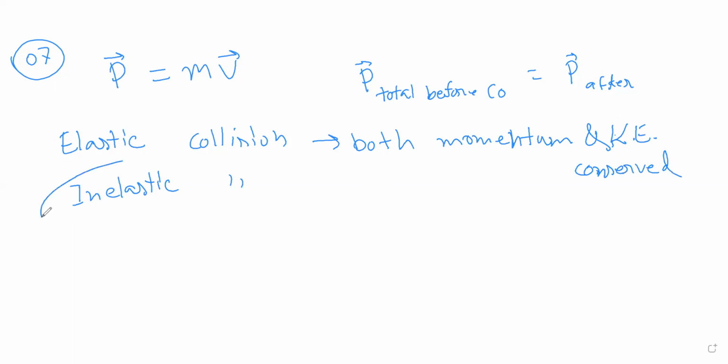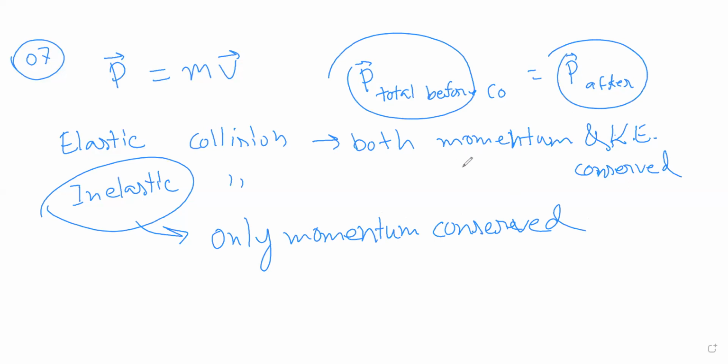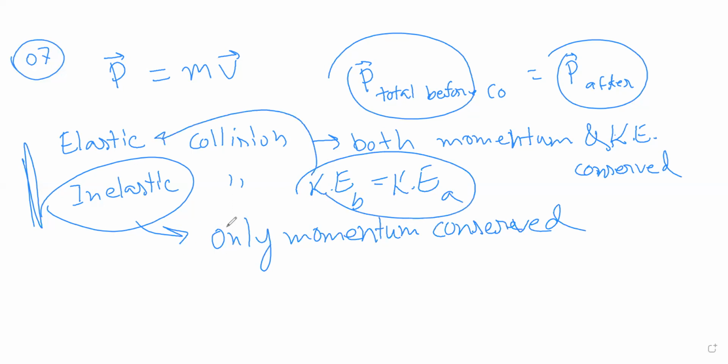But in the case of an inelastic collision, only momentum is conserved. Okay, so what does that mean? That means the momentum before collision and after collision is the same for both cases. But the kinetic energy before and after collision is equal only for elastic collision. Clear?